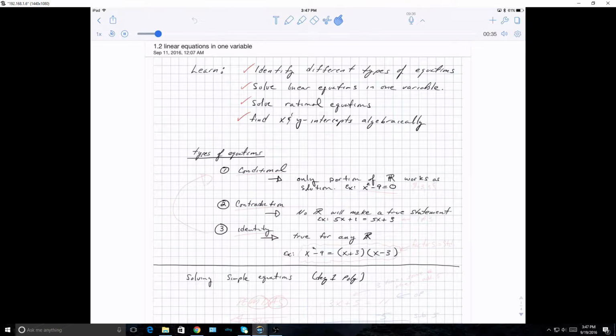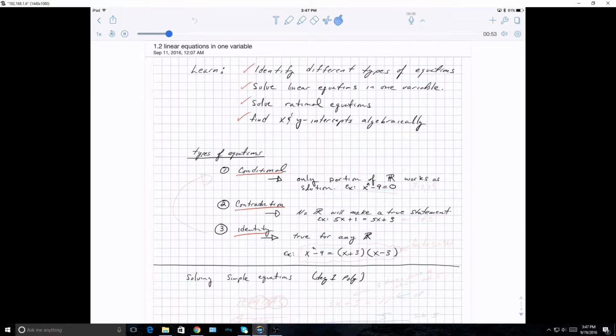And if we look at the three types of equations, conditional, contradiction, and identity, these are just fancy words to indicate the various nature of things.